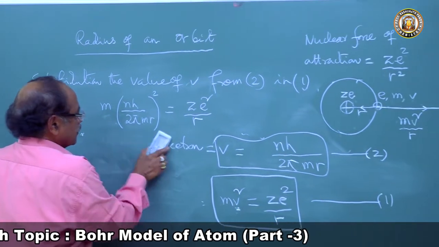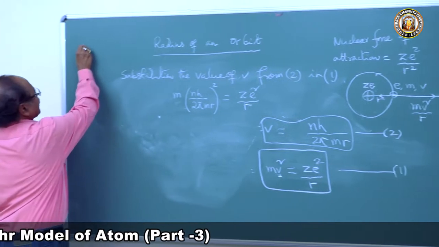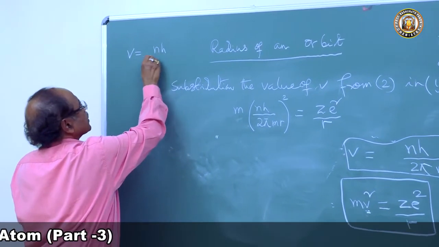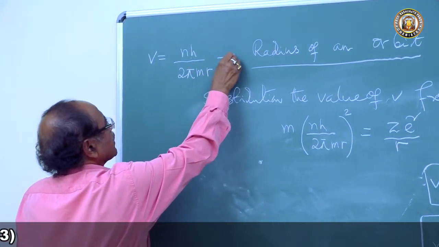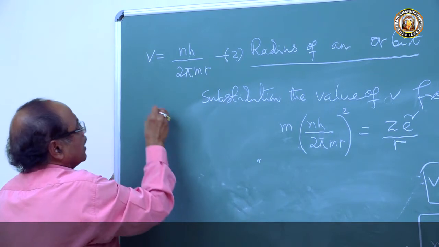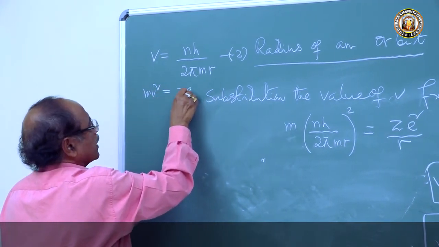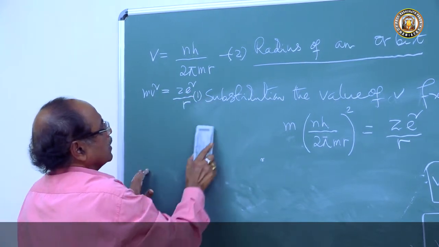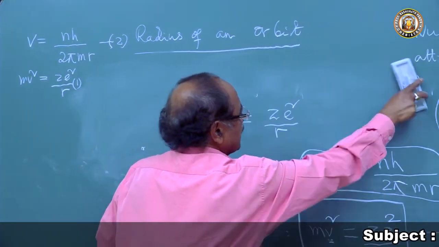Here I am writing the value of v for our use: v is equal to nh by 2 pi mr. This is our equation 2, and mv square is equal to z square by r. This is our equation 1. So we substitute the value of this v.